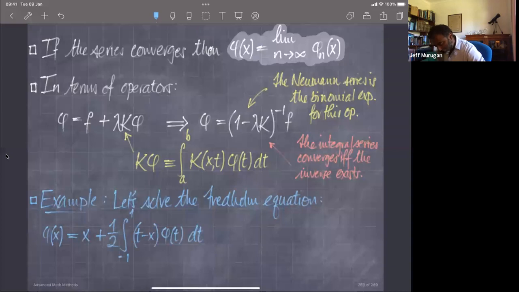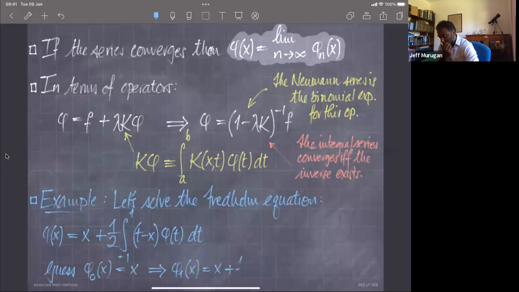So let's guess then phi naught of x equal to x, in which case phi 1 of x is given by x plus 1/2 the integral from -1 to 1 of t minus x times t dt.